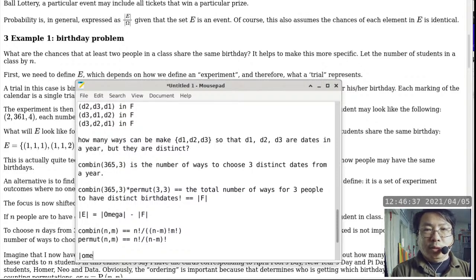So the first thing we want to do is, what is omega? What is the cardinality of omega? We got this one figured out already. It is really just 365 to the power of 3. That's omega.